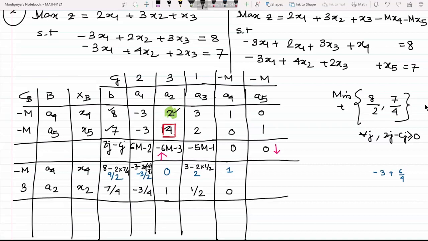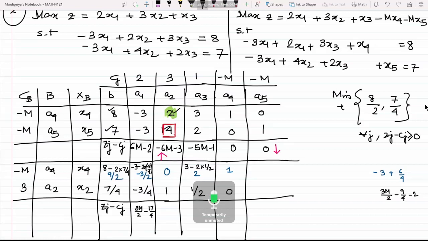So we again need to check the optimality condition, that is Zj minus Cj for each of the columns. So what about Z1 minus C1? You have 3m by 2 minus 9 by 4 minus 2. Do we get 3m by 2 minus 17 by 4? Is this minus 3m by 2?